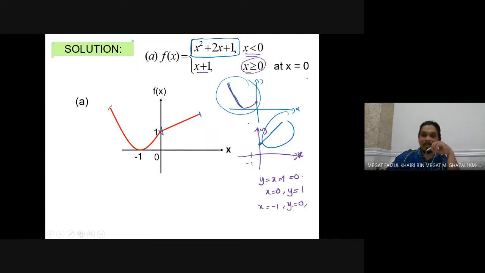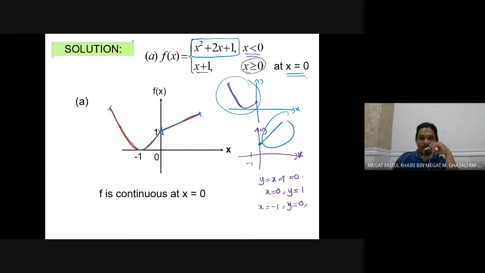Okay. So at x equal to 0, f is continuous at x equal to 0. Why is it continuous? Okay, look at this blue dot here. I move along the graph through the red line. And when it reaches x equal to 0, I can just continue my journey without needing to lift the pen.